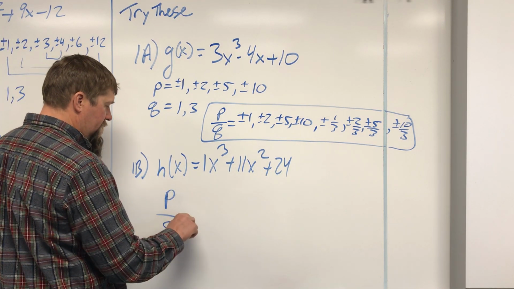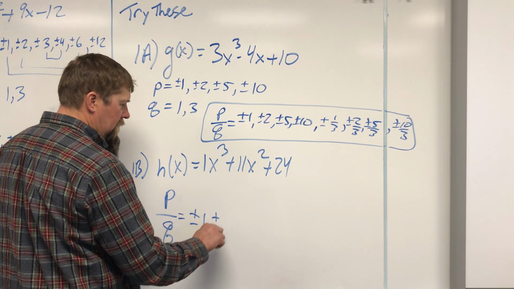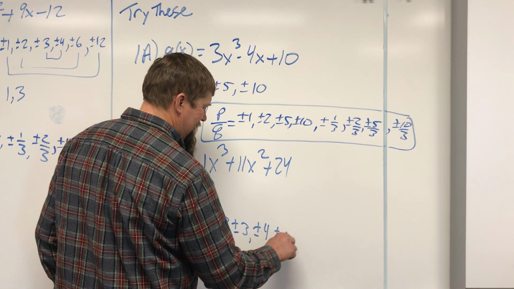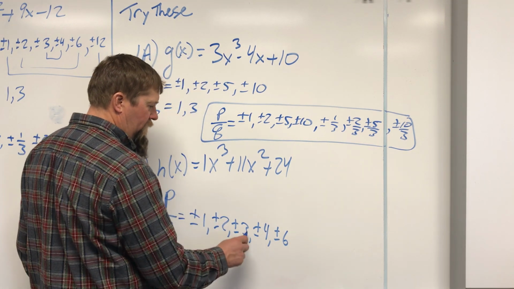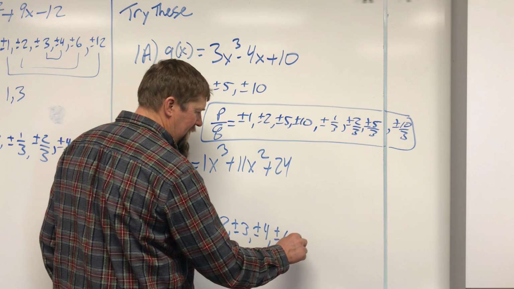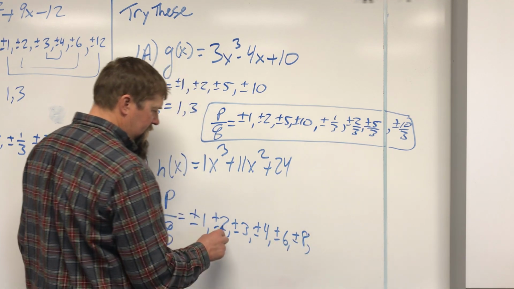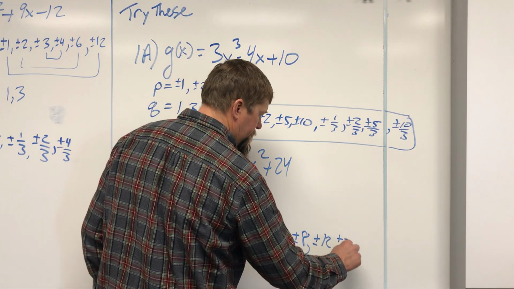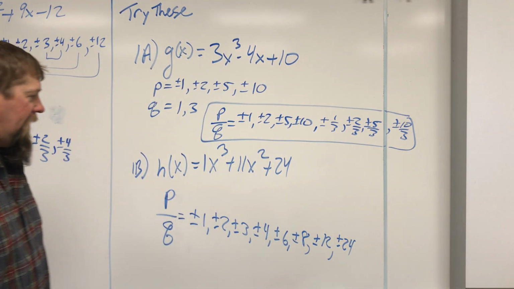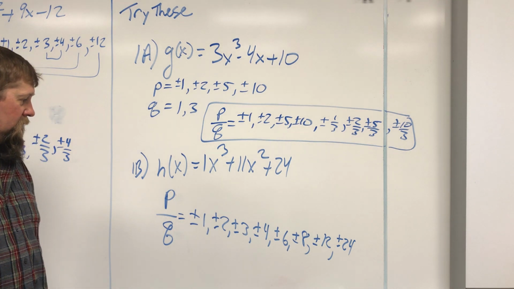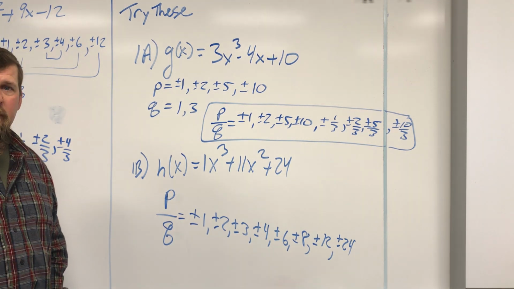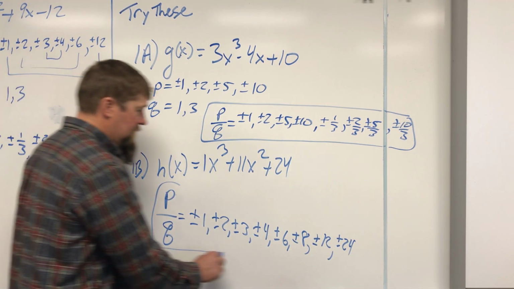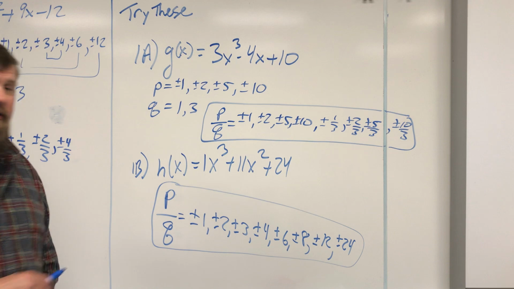So all the p's over q's are plus or minus 1, plus or minus 2, plus or minus 3, plus or minus 4, plus or minus 6. 6 times 4 is 24. So the next number would be 3 times 8, 2 times 12, and then 1 times 24. And those are all the factors and the possible rational zeros for this problem. That is goal 1. Just making a list of possible rational zeros. That's all you have to do.